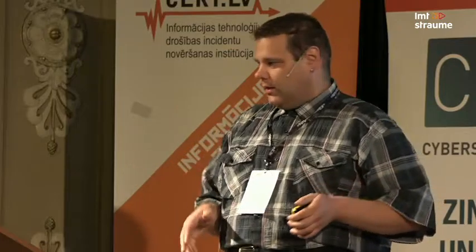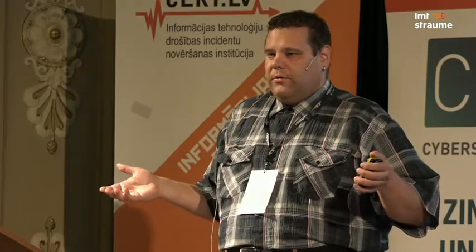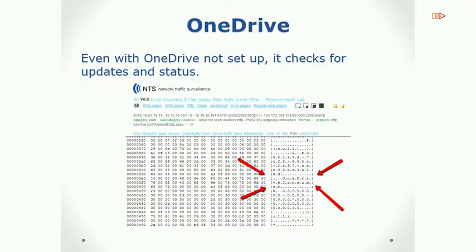It still communicates, for a reason unknown, with one of the IP addresses of Microsoft and tries to do something there. One of the things it tries to do is to check for update status of files, not for updates of OneDrive itself, which would be normal, but even though it has nothing to synchronize because it's not assigned to an account, it still tries to get updates.